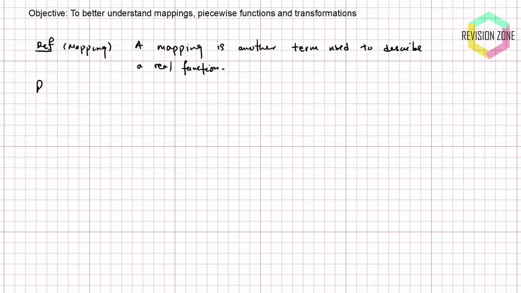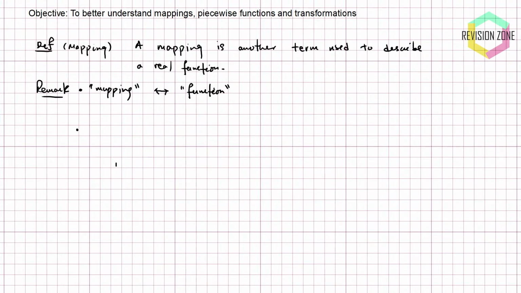It is actually worth mentioning a remark, which is to say the word mapping and the word function actually get used interchangeably, generally speaking. To have a slightly better idea of where the word comes from, it's worth thinking about what a function actually does.